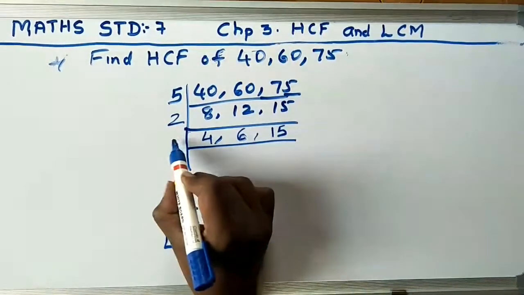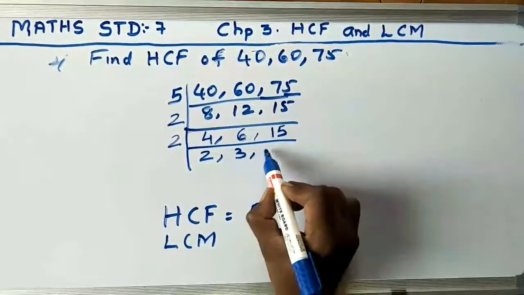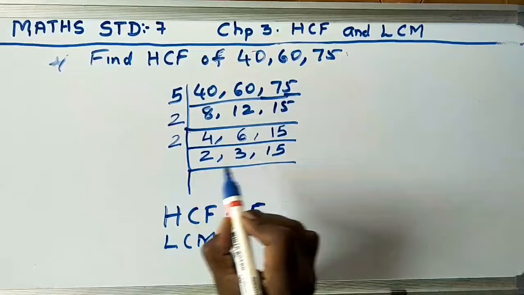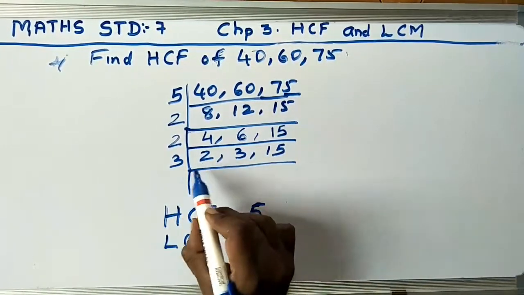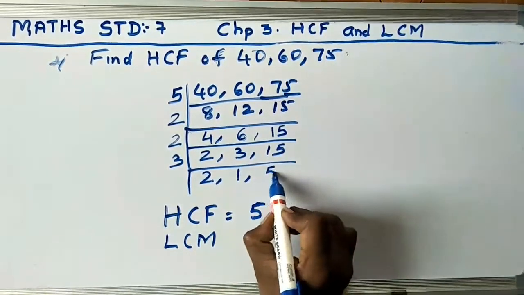Then again 4 and 6 go in the 2 table, 2 to the 4, 3 to the 6, and 15 doesn't go in 2, so write that as it is. Then 3 and 15 go in the 3 table, but 2 doesn't, so write it as it is. 3 ones are 3, 5 3s are 15.